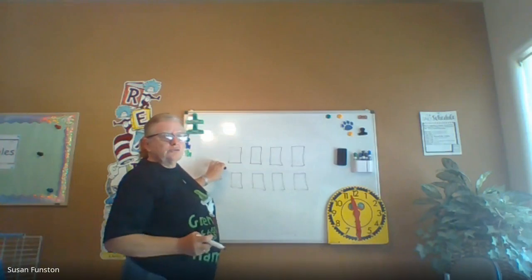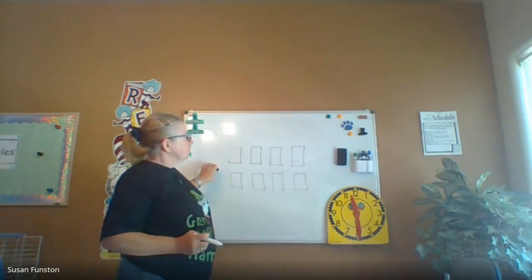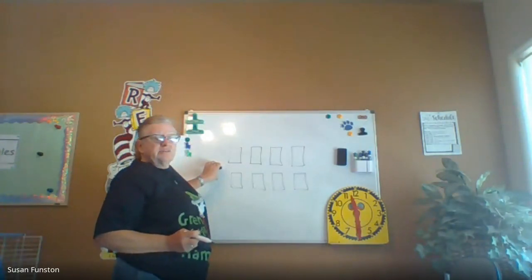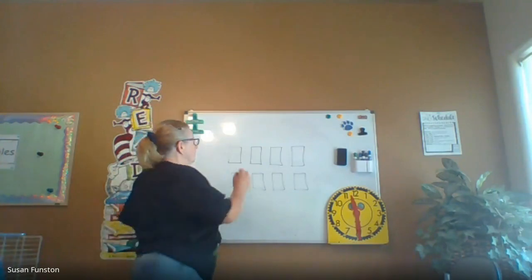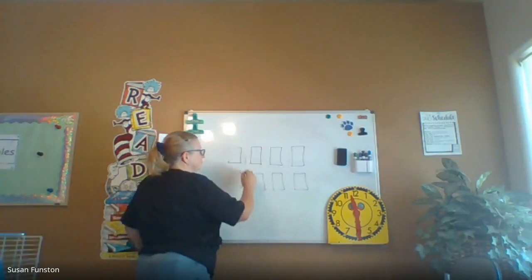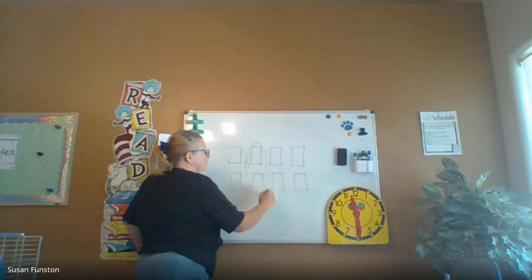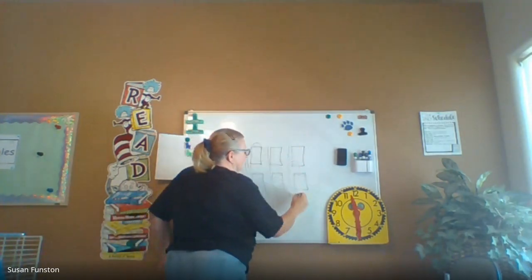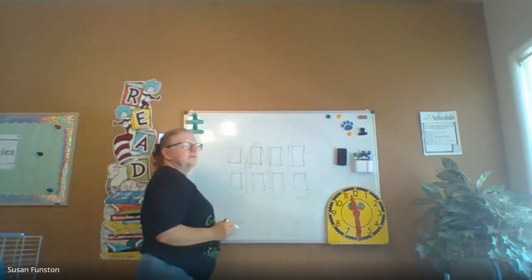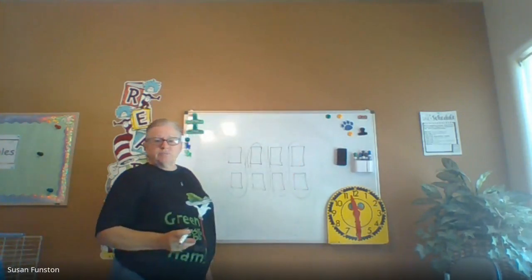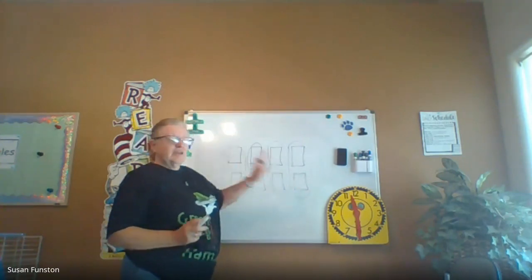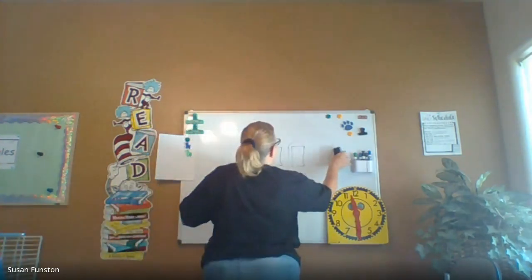I want to put them into groups. And I want my groups to have 2 cards per group. So here's one group of 2 cards, another group of 2 cards, another group of 2 cards, and another group of 2 cards. So how many groups did I make? 1, 2, 3, 4. All right, I lied, we're going to do one more.